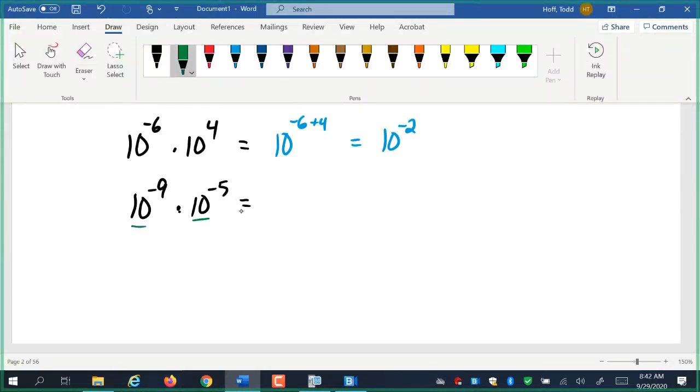Well, again, both of those have a base of 10, so our result has a base of 10. We add the powers. Well, that's negative 9 plus a negative 5, which is a negative 14. So that's 10 to the negative 14. So beware of the negative powers in our exponents. They are a little tricky to work with, but I'm confident we can handle them at this point.